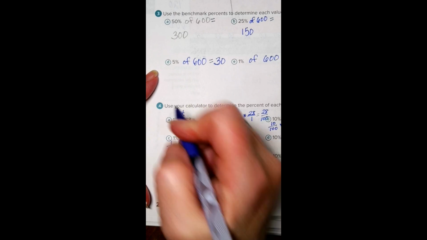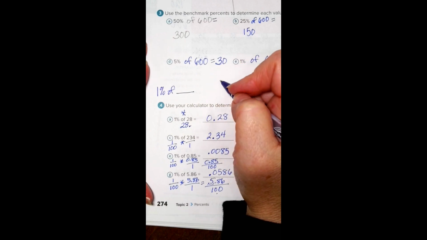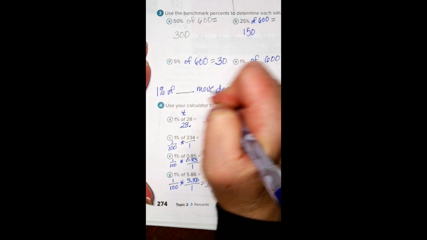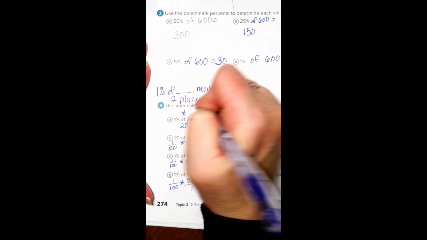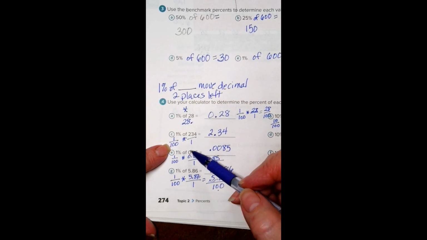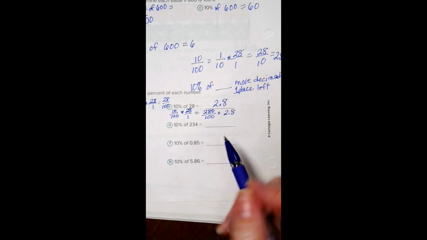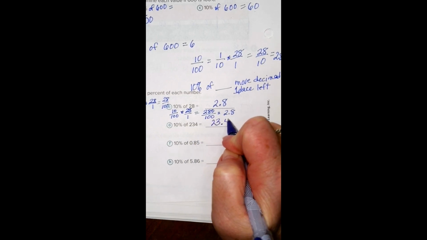What did we do over here when it was 1%? When we did 1% of a number, we move the decimal 2 places left. Because 1% is really 1 out of 100. So we're doing 1/100th of something, dividing it by 100, moving 2 places to the left. So 10%, we're going to move 1 place to the left. So 1 place to the left here, we should get 23.4.